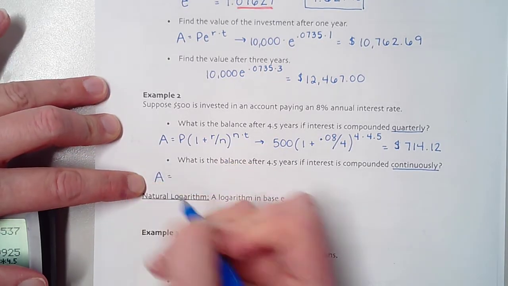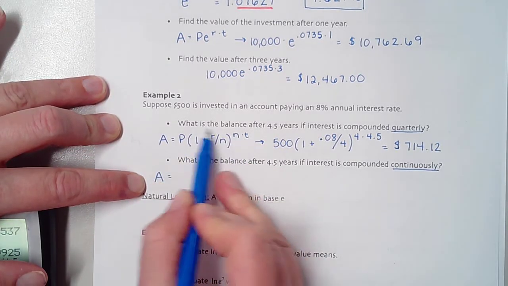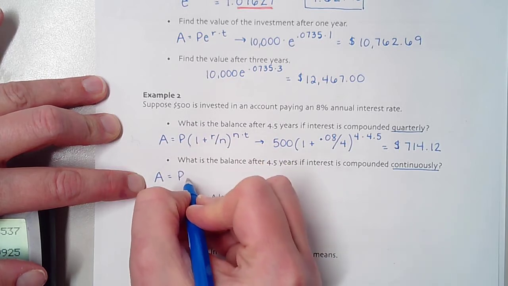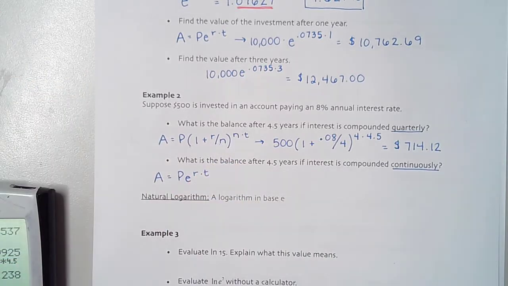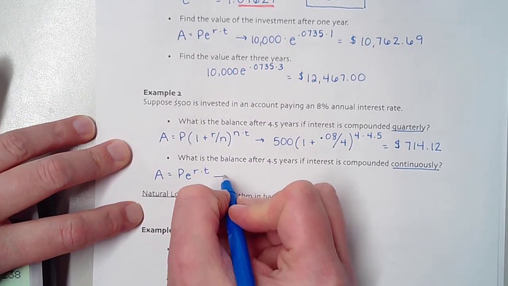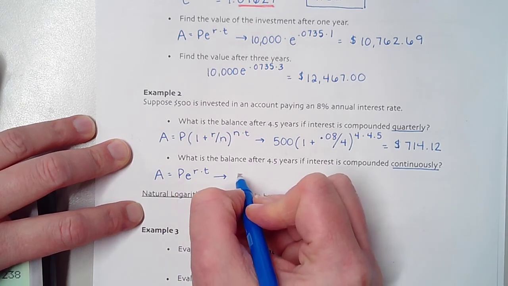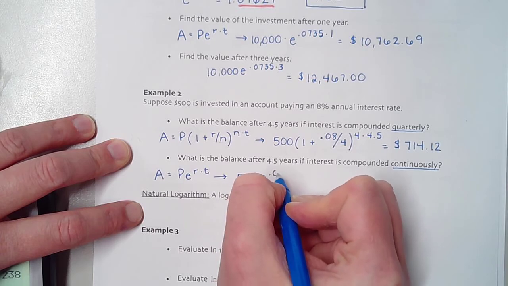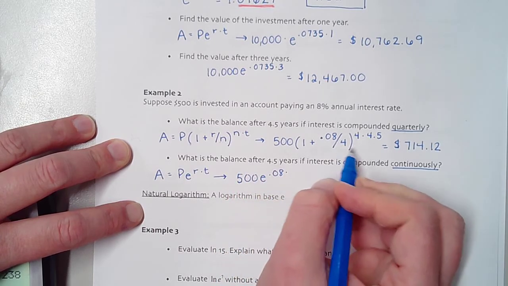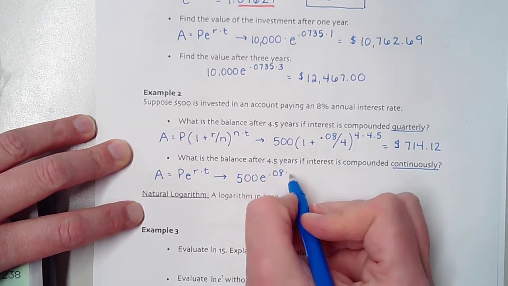So continuously is when I replace this middle part of the formula with e to the r power, meaning that we're compounding more and more and more often and basically treating n like infinity, like we're compounding all the time. So that's going to be 500e to the power of 0.08 times my t value, which was 4.5.